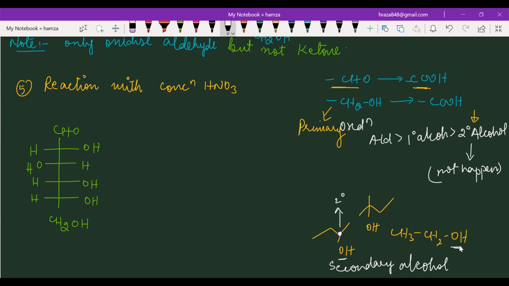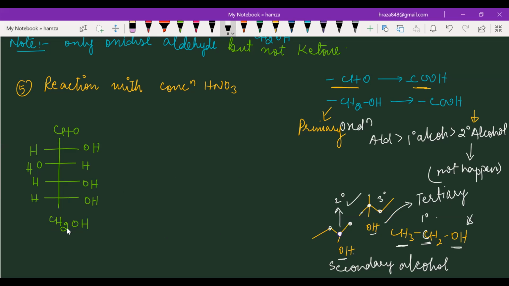And in order to see the degree of this alcohol, you have to see the degree of this carbon. It is 1 degree because it is connected to only one carbon. This carbon is connected to 2 carbons, that's why it is a secondary carbon, and OH is directly connected to a secondary carbon. That's why it is secondary alcohol. When you see this, OH is connected to this carbon and this carbon is connected to 3 carbons. That's why it is 3 degree, so it will be tertiary alcohol. Is that clear? Yes, sir.